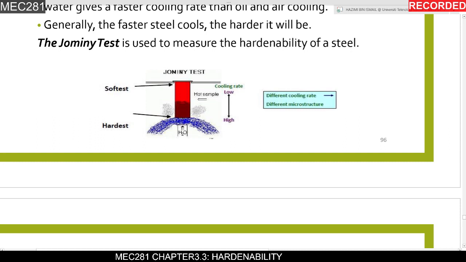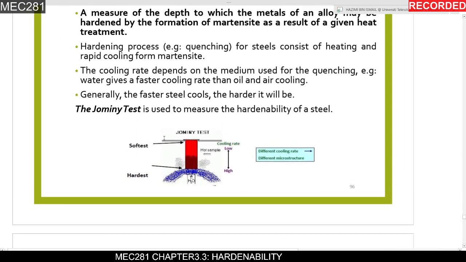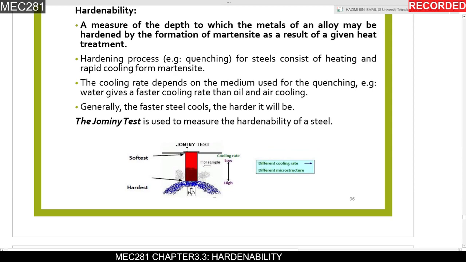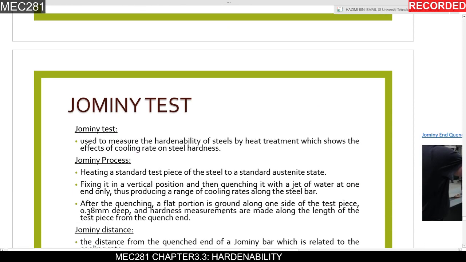When there is martensite, the alloy here has higher hardness. The hardest part is where it meets the water. Farther from the quench end, the hardness will decrease. This is how the Jominy test works.